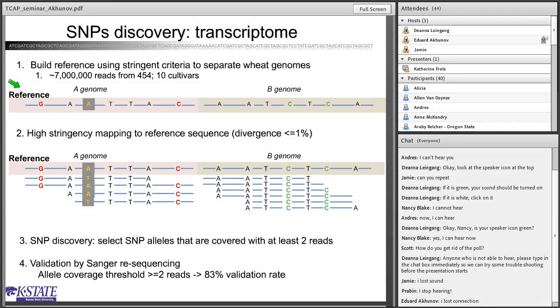And during SNP discovery, one of the filtering criteria that was applied, we selected only those SNPs that were covered by at least two reads. Based on our Sanger validation step, this level of coverage allowed us to reach an 83% validation rate.